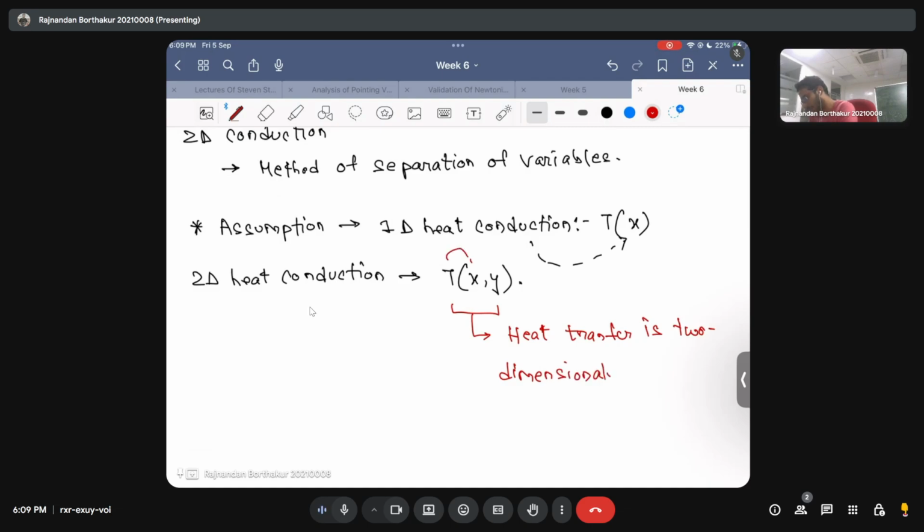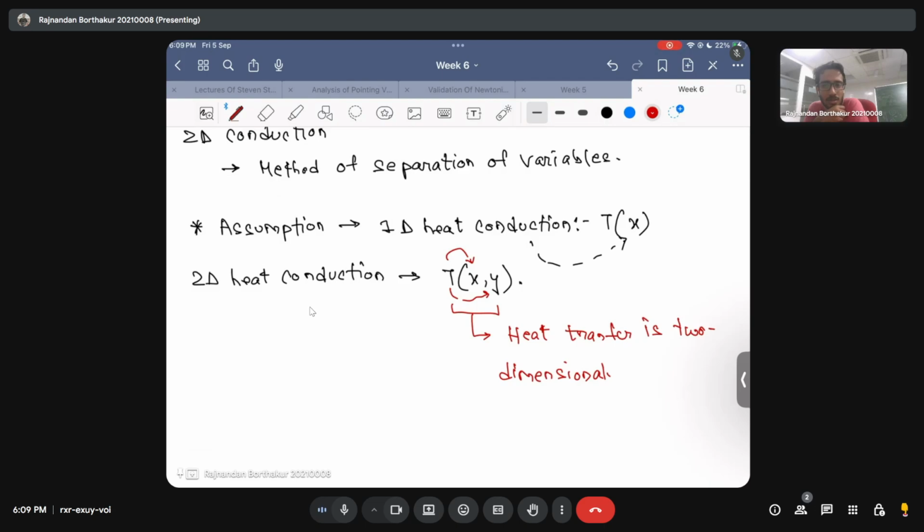This is obvious because now the temperature profile varies with x and it also varies with y, which means first of all you need to understand the fact that the governing equation, let's say we are trying to evaluate the temperature profile, which is nothing but the steady state heat conduction equation, now becomes a PDE instead of an ODE.